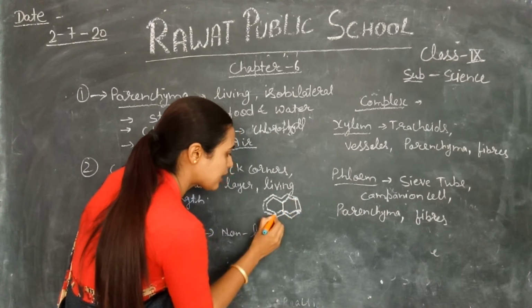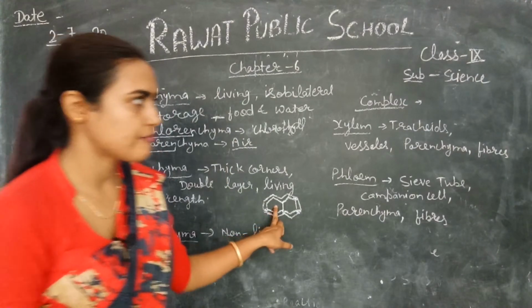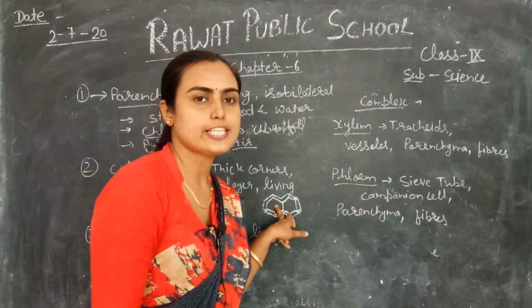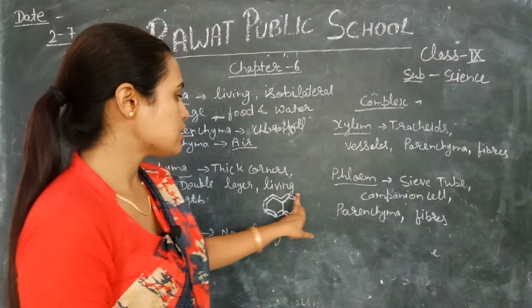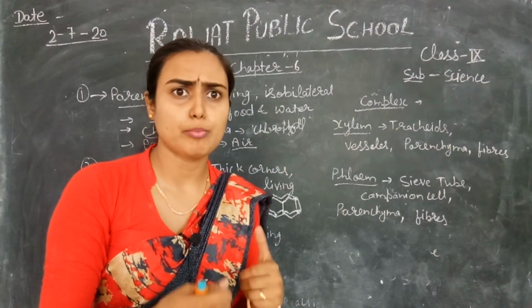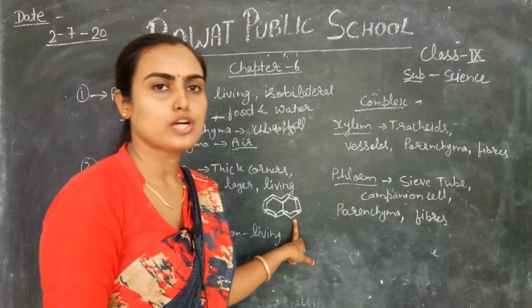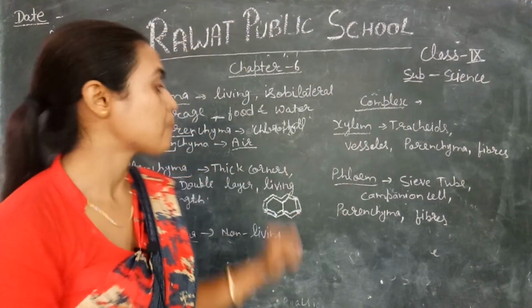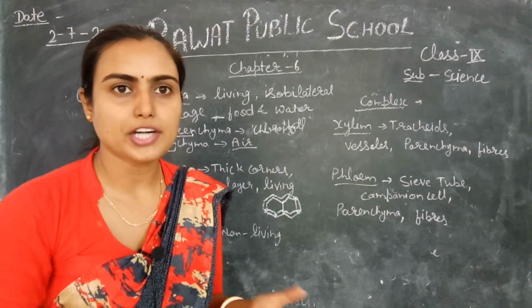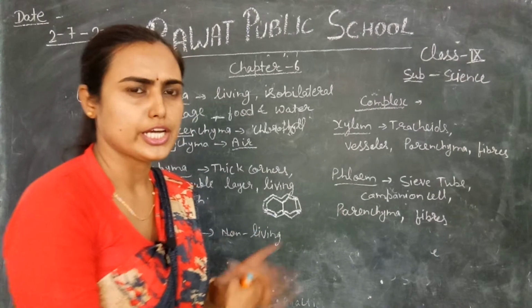Why are they thick? Their corners are non-living. The cytoplasm is living, but their corners are non-living because the corner consists of a protein called lignin. Due to the deposition of this protein, these corners are non-living in collenchyma. Why are they non-living?